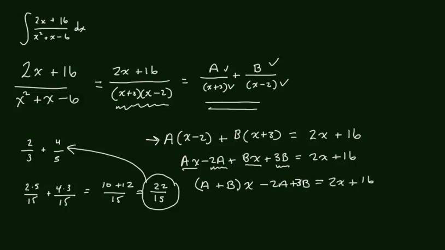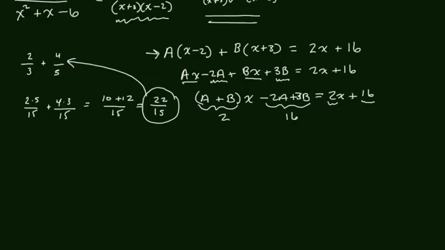So what this tells me is that A + B will have to equal 2 because it's the coefficient of x, and everything else has to equal 16, this value here. Skipping down, that tells us A + B = 2 and -2A + 3B = 16.